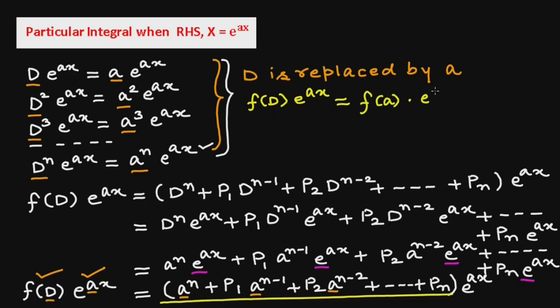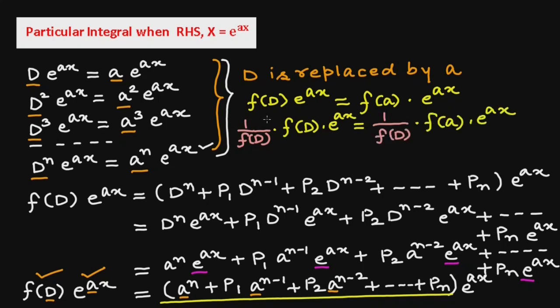Now we will operate 1 upon f(D) on both sides. So it will be 1 upon f(D) into f(D) e raised to ax equals 1 upon f(D) into f(a) into e raised to ax. Now 1 upon f(D) and f(D) are inverse operators, so they cancel each other out, and what we get is e raised to ax equals f(a) into 1 upon f(D) into e raised to ax.